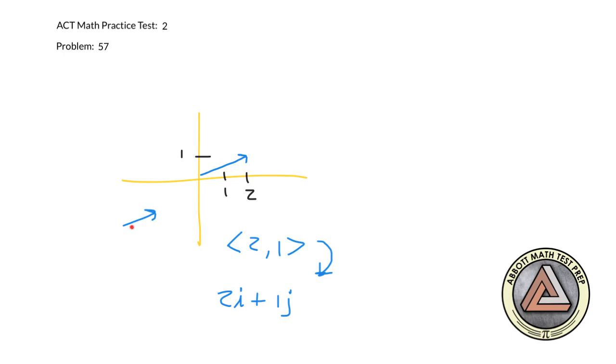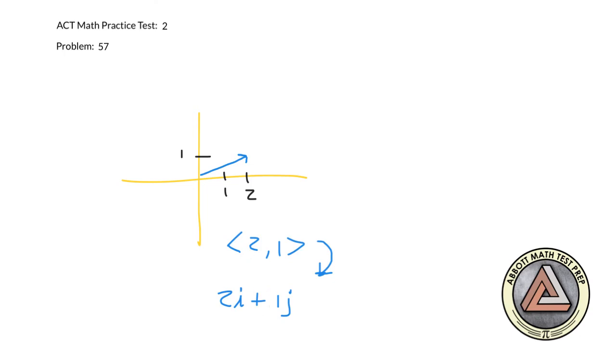So it's still going over 2 and up 1. Okay, so just because something has the notation of 2 comma 1, it doesn't mean that it's positioned necessarily on the origin. Okay, now let's say that we wanted to add another vector though to this vector.